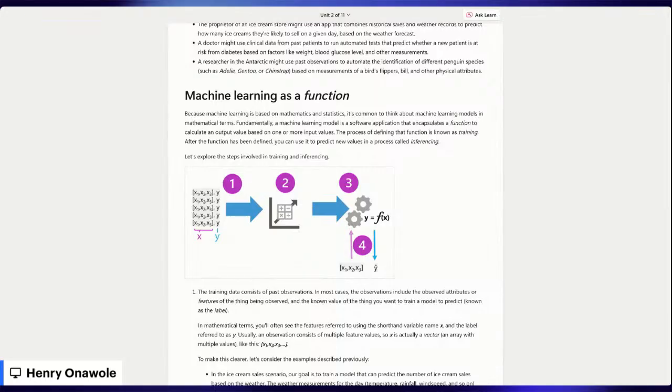I think that is a very simple definition of explaining machine learning as a function.